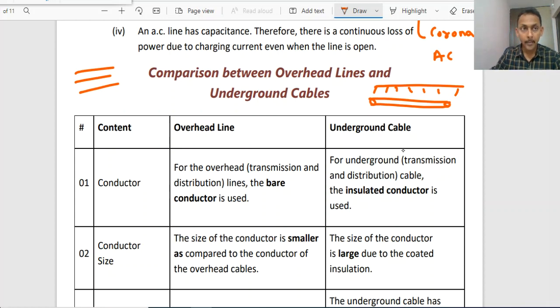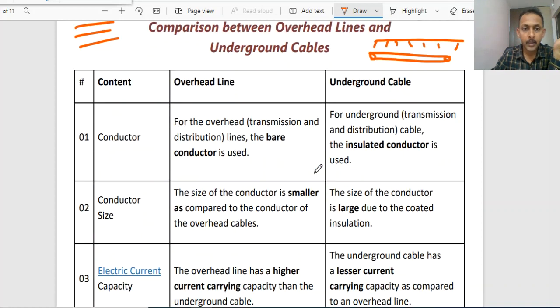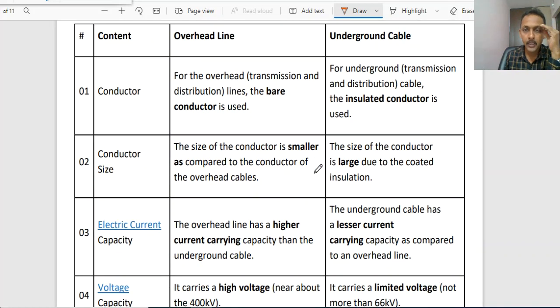On different parameters, these things can be compared, whether the overhead line is better or the underground system is better. If it is an overhead system, dear students, whatever lines are passing there are bare conductors. There won't be any insulation or sheeting on the surface of the conductor.